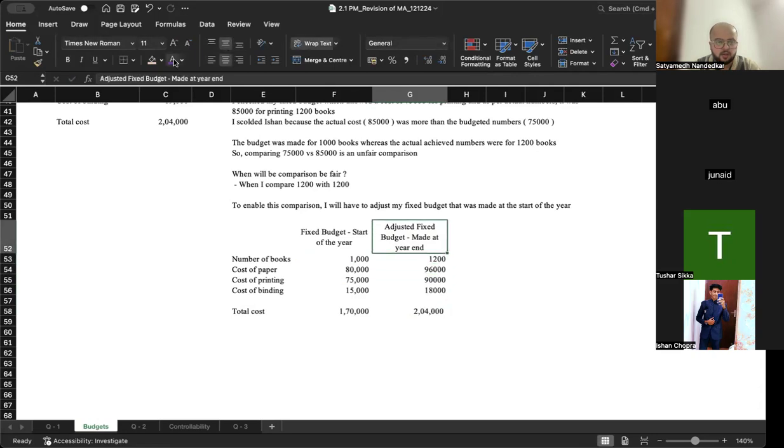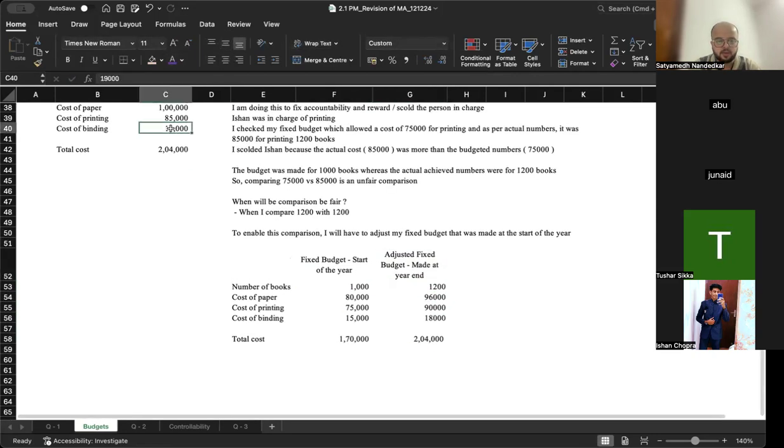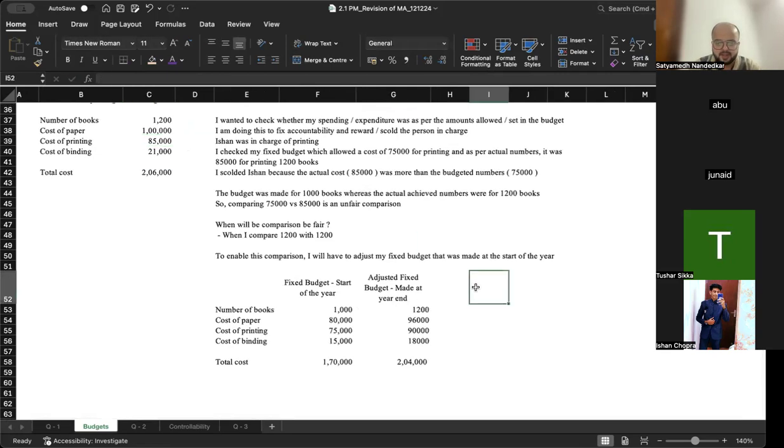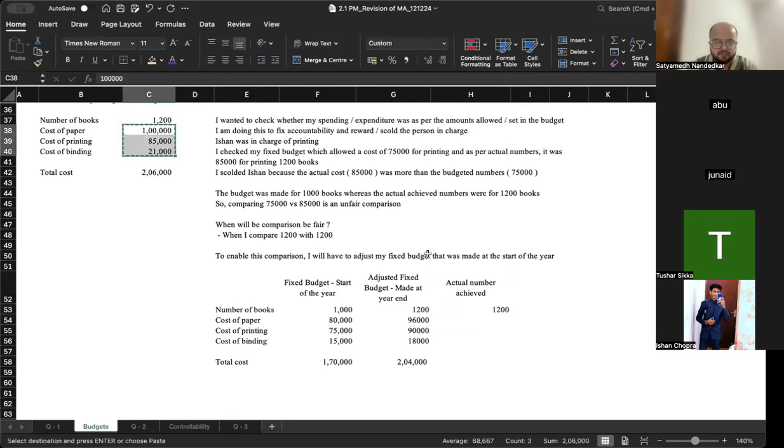Okay. इसको मैं 21,000 कर देता हूँ. इसको हाँ. Now let's now write down the actual numbers achieved. ठीक है. 1,200. These are the actual numbers.